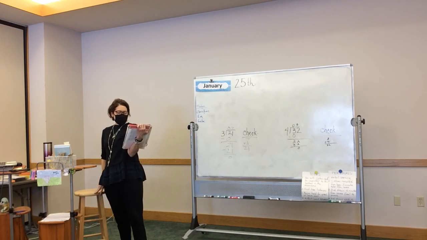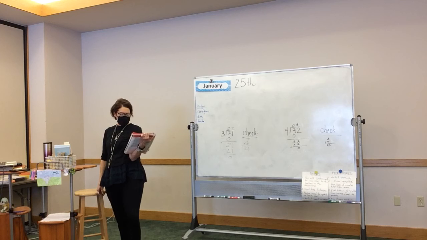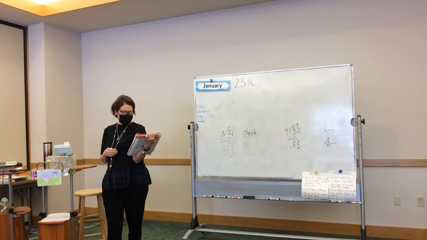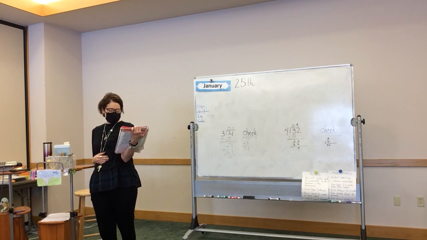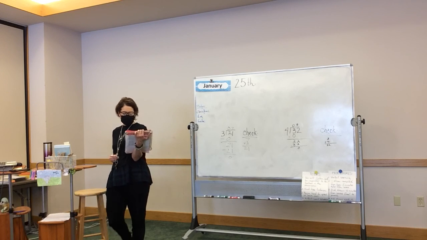All right. Melody has 29 colored pencils, 28 crayons, and 12 markers in her art box. How many colored pencils, crayons, and markers does she have all together?